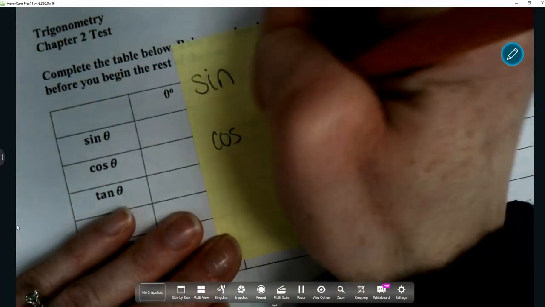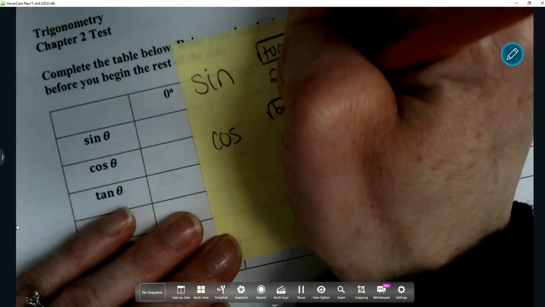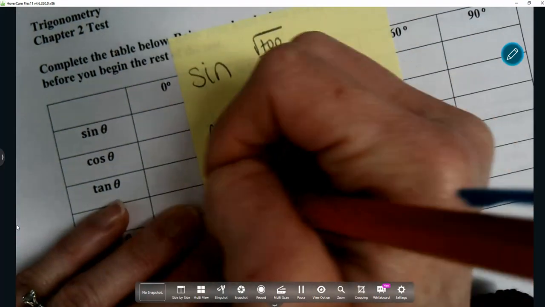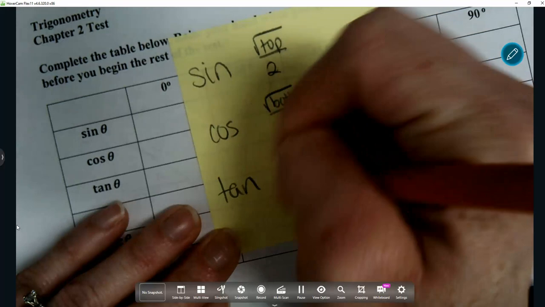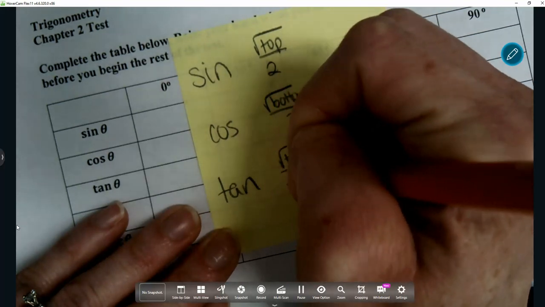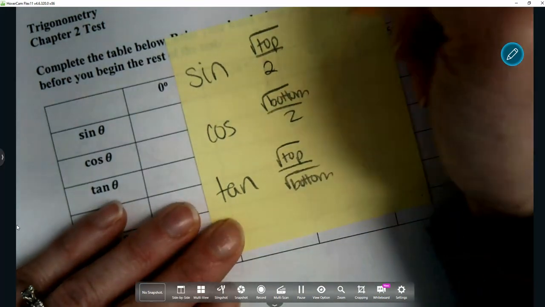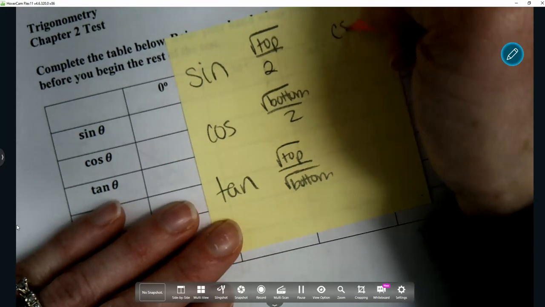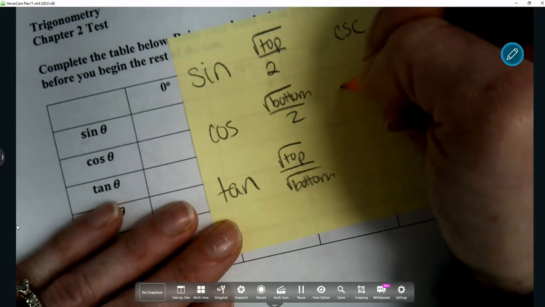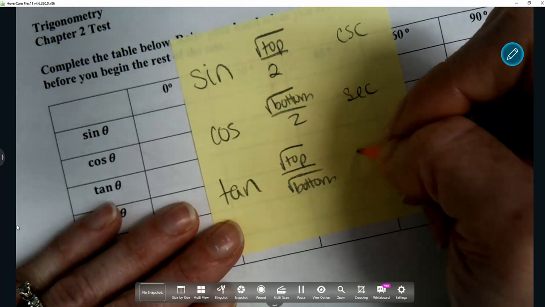Cosine, square root of the bottom over 2. Tangent, square root of top over square root of bottom. And then your reciprocals. The reciprocal of sine is cosecant. Reciprocal of cosine is secant. Reciprocal of tangent is cotangent.